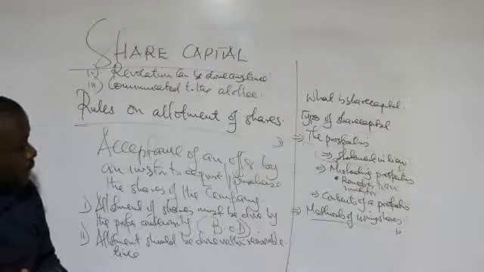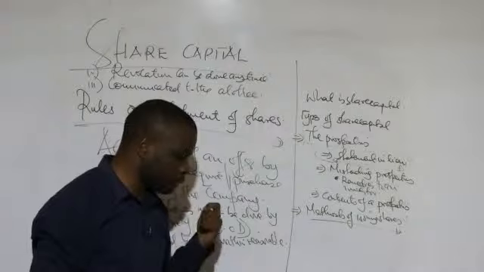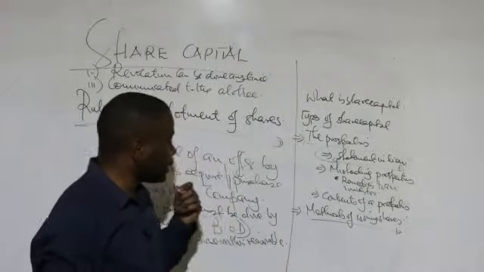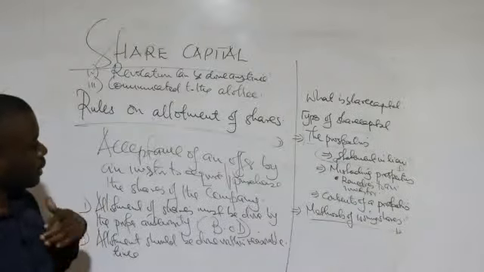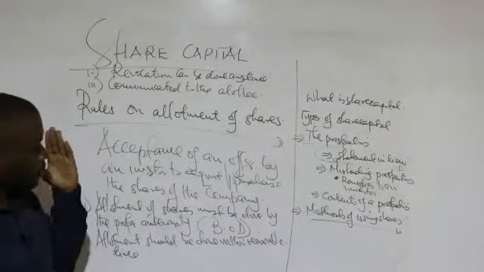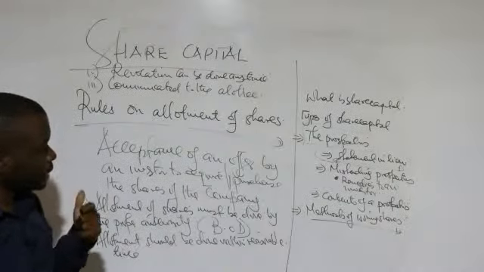The key thing is that so long as the company can prove that it has communicated, the allotment is seen to be complete, and the contract between the company and the investor with regard to the shares is seen as binding.